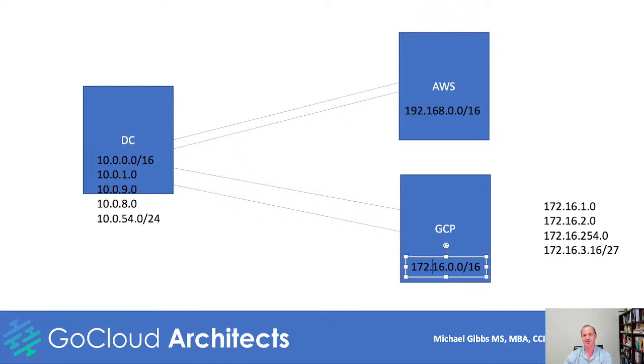Now let's say, in GCP, we use the same CIDR range, but we didn't use overlapping addresses. We're just in the same CIDR range. So here we've got a 10.0.2.0/24 and a 10.0.3.0, my typing is pretty ugly.